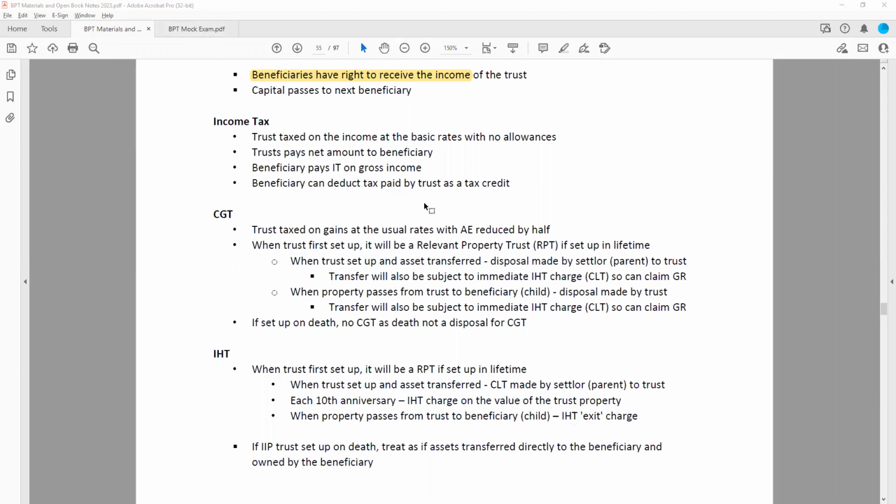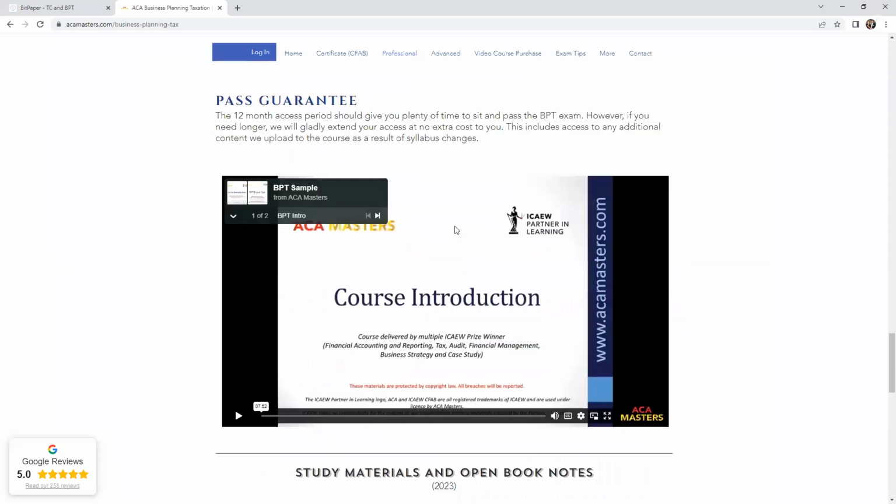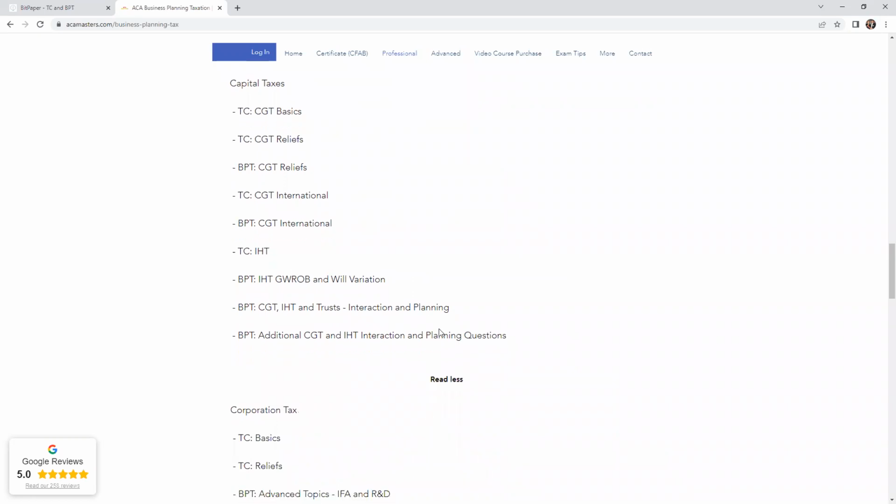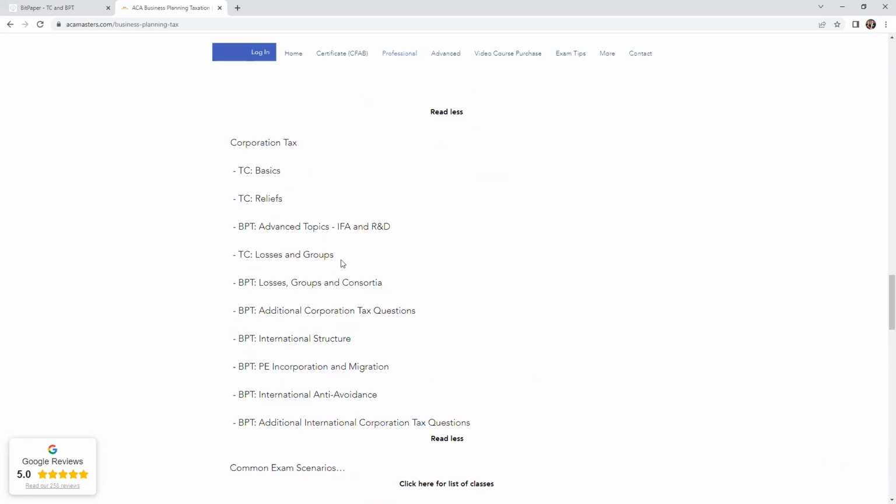So after this class, maybe go away and watch back those other classes where I worked through questions on CGT and IHT, and go to the question bank and practice a few more of those questions as well. But there's obviously an element of corporation tax in here as well, because of course we're looking at companies.